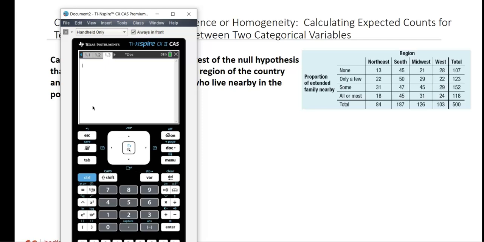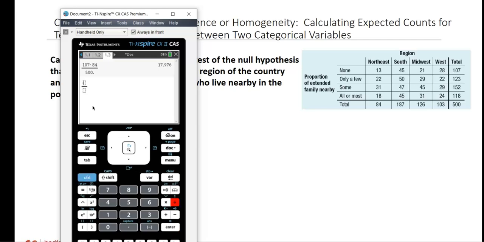So the row total is 107. Let me do a fraction. I think that'll help. So 107 times the column total for none and Northeast, which is 84, and then divide that by the grand total of 500. So for the top left, Northeast and none, the observed count is 13. The expected count is 17.98.